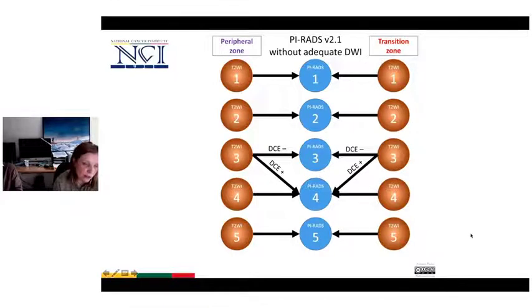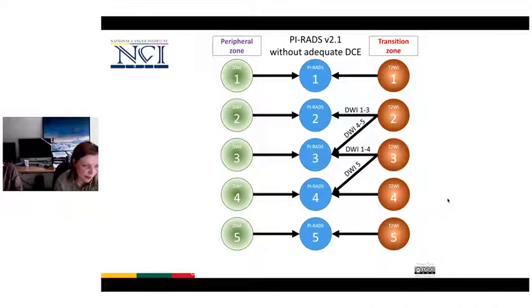And there's a schematic image of how to evaluate without adequate diffusion. Try to lean only on T2 images and use contrast enhancement. Of course, there are some situations where you don't have normal diffusion and contrast enhancement, and then of course you cannot score according to PI-RADS.